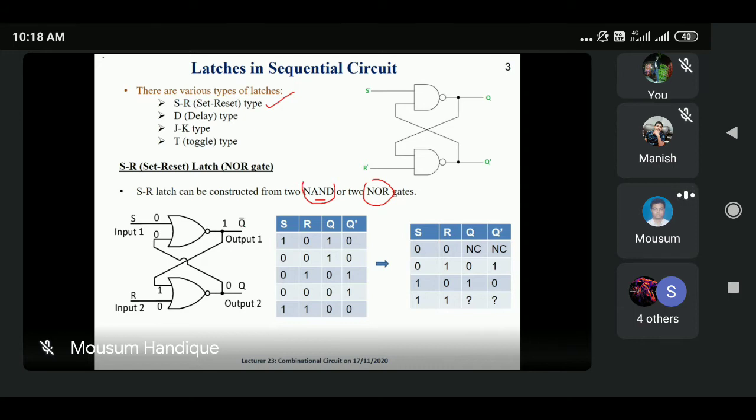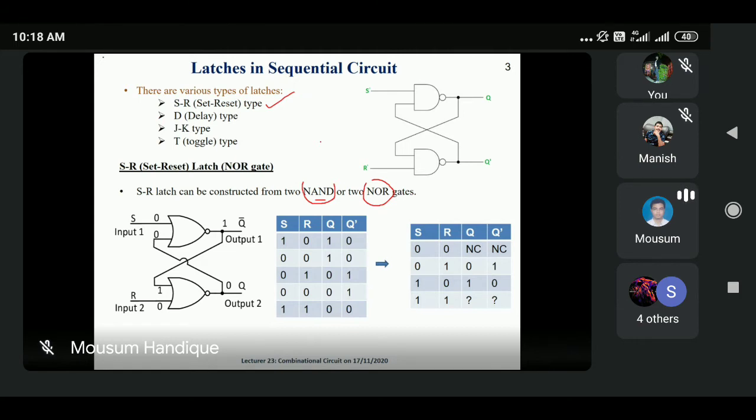See here, why is it called a sequential circuit? So always remember, a sequential circuit depends on two particular components. One is the combinational circuit, and also we are using memory elements. But when we discuss the combinational circuit, there are no memory elements.